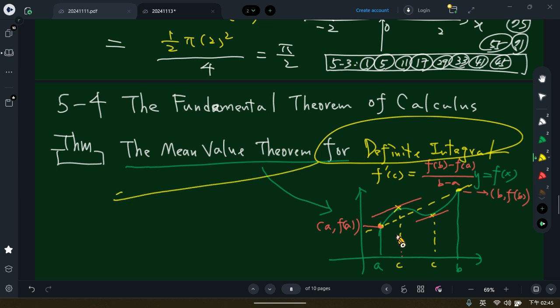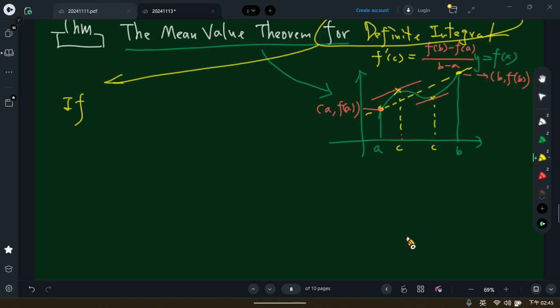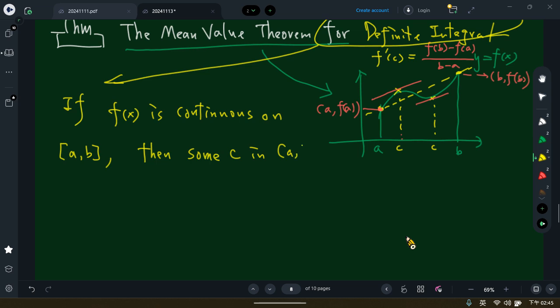This one will be: if f(s) is a continuous function on [a, b], then we can find some c in [a, b], and f of c will be its average value.